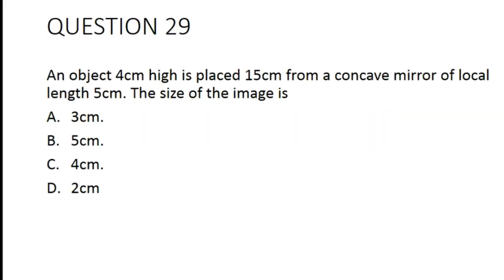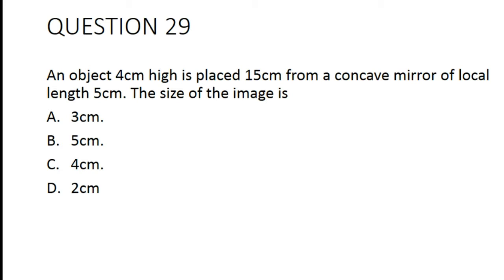For us to get the focal length, we use the formula 1 over V equals to 1 over F minus 1 over U. This is a popular formula in our physics. So we are going to record this formula and use it here. The object is 4 cm high and is placed 15 cm from a concave mirror. So here we'll have 1 over 5 minus 1 over 15.